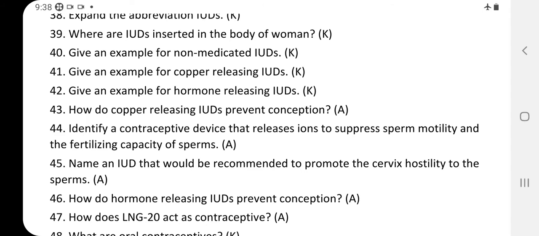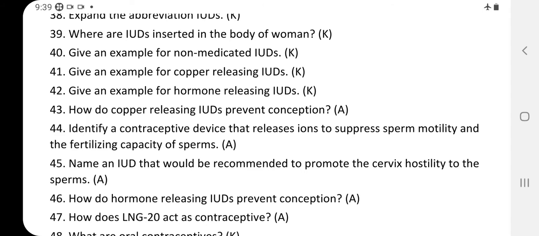Remember, as these all are 1 mark questions, in case of non-medicated IUDs only one example is given, so you can mention that one only. But in case of copper releasing IUDs, they have mentioned 3, that is copper T, copper 7 and multi-load 375.